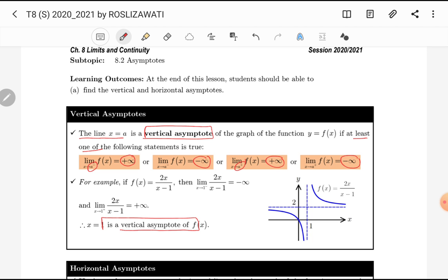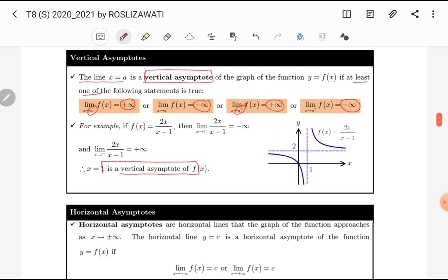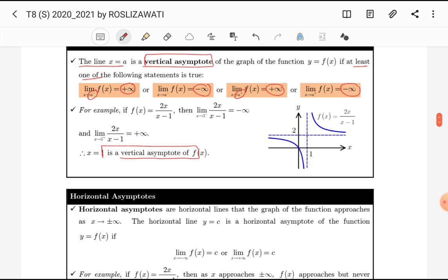Okay. So, kita tengok the next one. We have, lupa nak cakap. For vertical asymptote, we will apply limit at number.